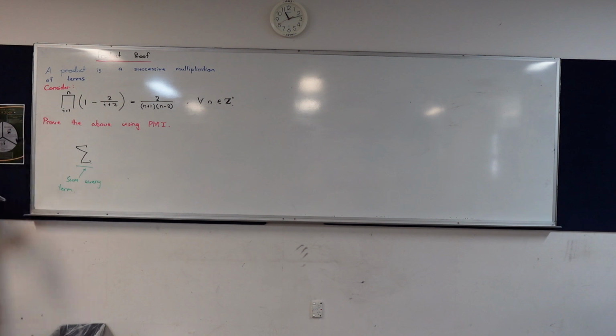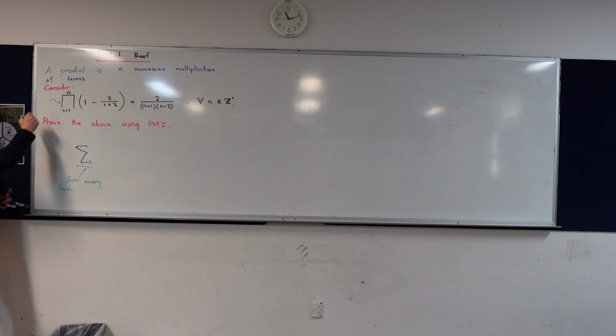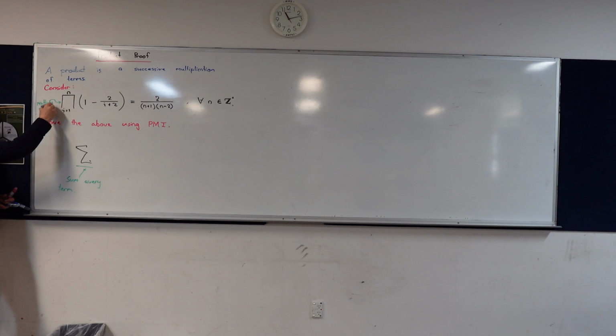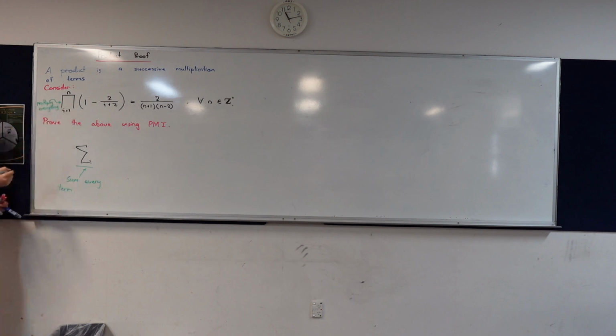So that meant sum every term. This guy over here, this is the capital Pi. This means multiply everything. So it's like sigma, but you opposite.